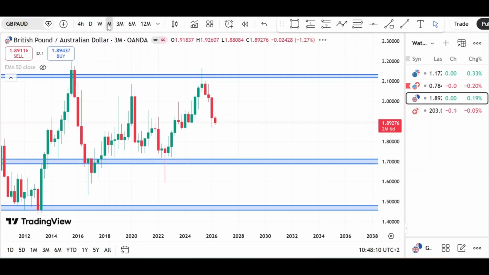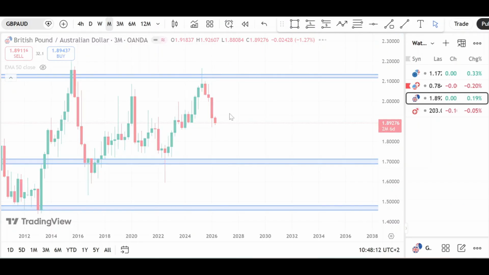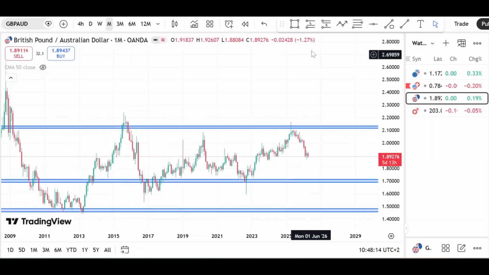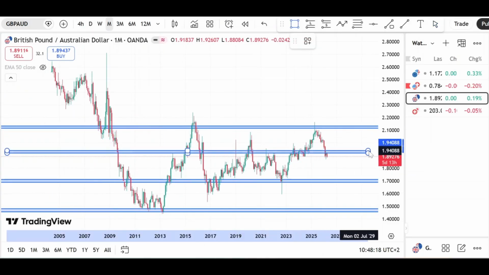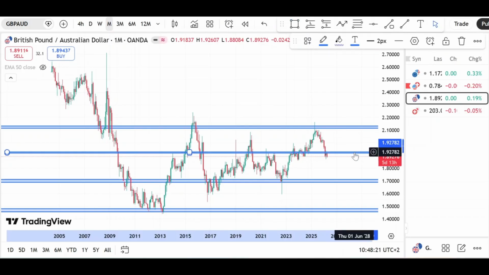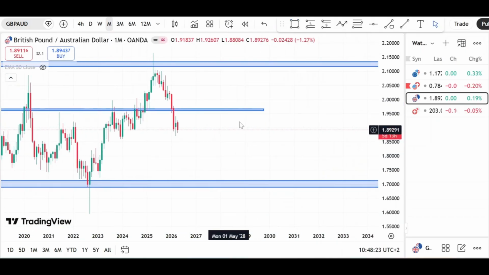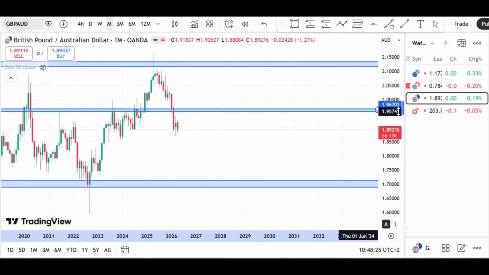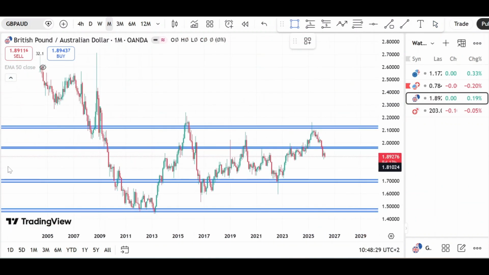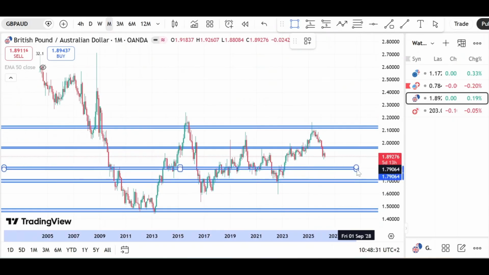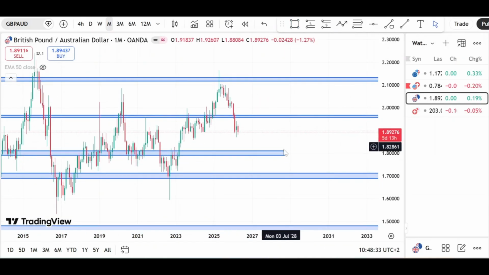So let's go to a monthly time frame to see how we can capitalize on this bearish leg. This is a monthly zone, a midway zone, and this is another monthly lower zone.